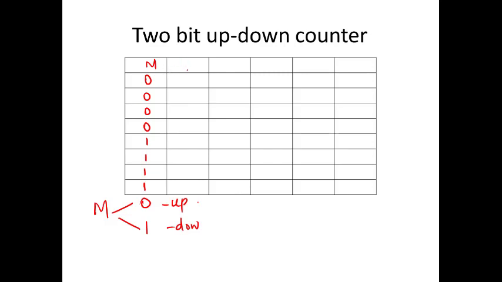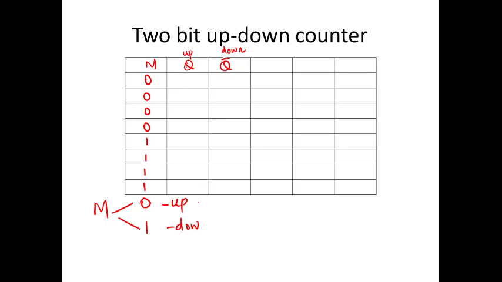Why am I taking 8 states? See Q and Q bar. For the successive flip-flops, if I take the clock from Q, that will be your up counter. And if I take the clock from Q bar, that will be your down counter, which we already discussed in the last class.